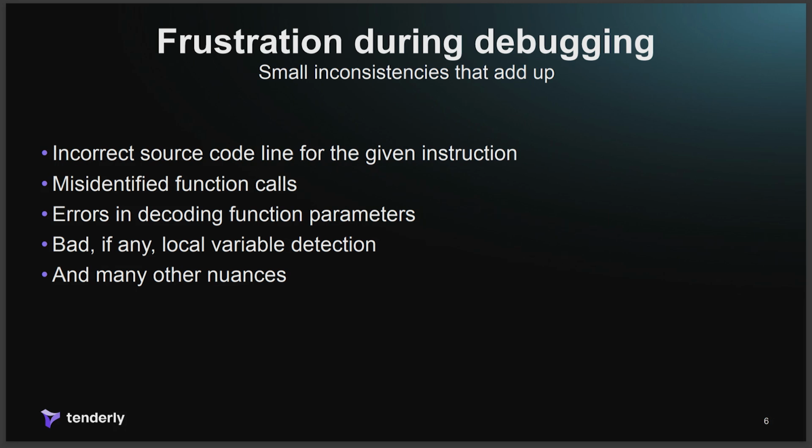Next up is misidentified function calls. As a standard debugger, we want to have a full function stack so that developers debugging their smart contracts can really know at what point in time they are in their execution.